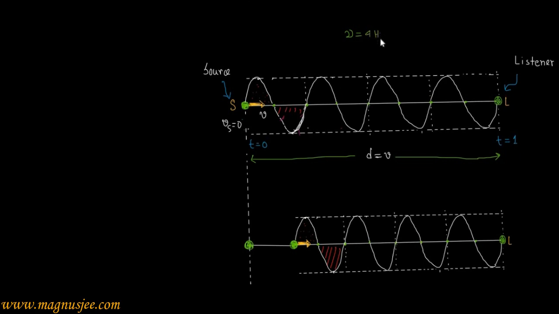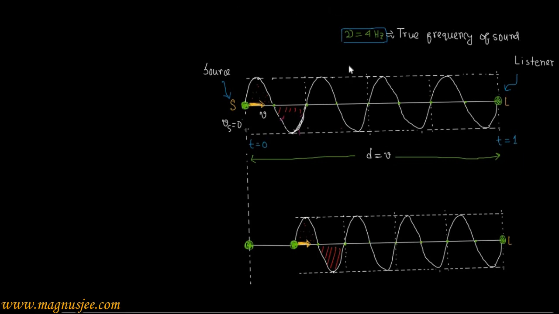According to the diagram, the actual frequency of the sound wave is nu, which is 4 Hz, because it completes 4 oscillations within the interval of time 1 second. Nu is equal to 4 Hz, which is the true frequency of the sound wave emitted by the stationary source of sound.